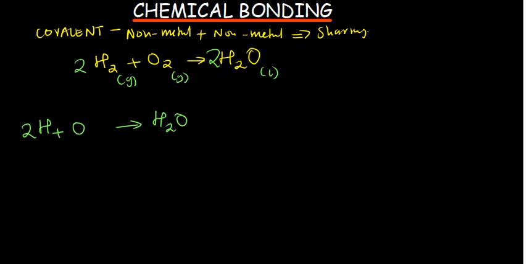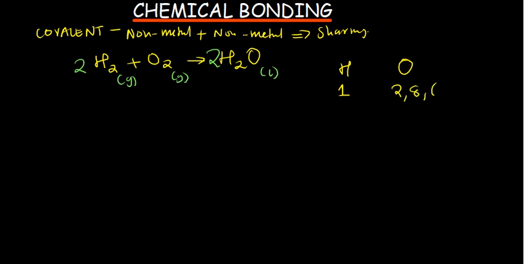So you are going to have two hydrogens according to the formula. Now, hydrogen has only one proton, meaning its electron configuration is only one. Oxygen has 16 protons. The electron configuration is 2, 8, 6. So we're going to have oxygen here.